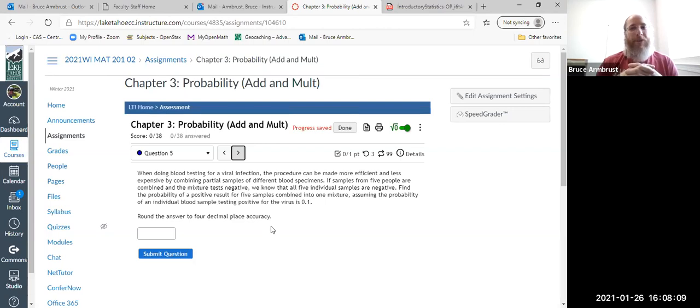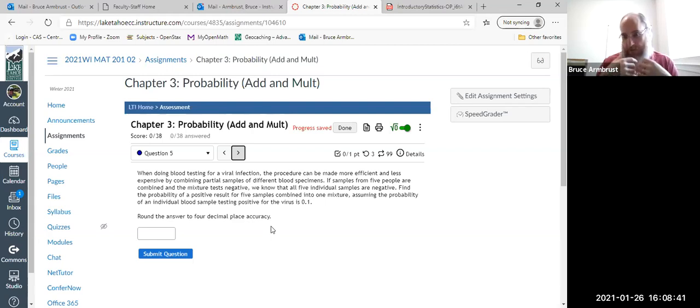So let's just call it COVID, since that's the virus we're all thinking about these days. So let's say there's a 10% chance I have COVID, right? But now we're going to take blood from 4 of the rest of you, right? So I'm just going to take names I see right here. So Ashton, we're going to take Ashton's blood and Branda's blood and Willie's blood and Carson's blood. Okay, so each one of those also has a 10% chance of being positive.